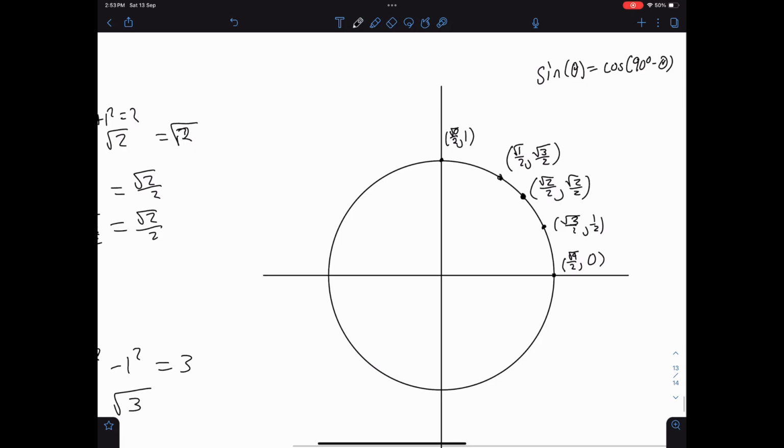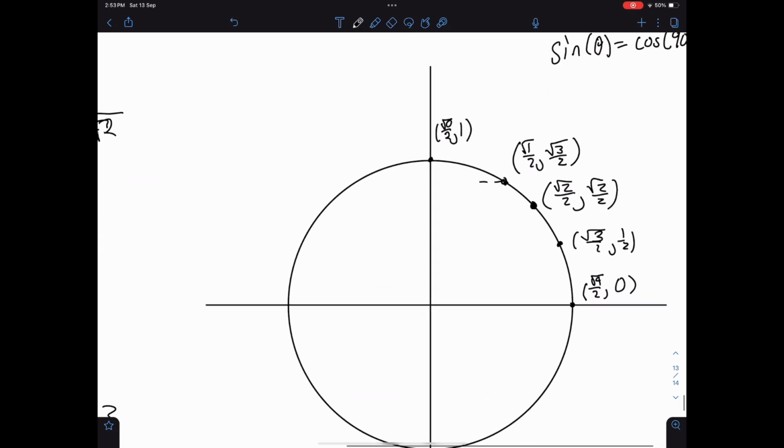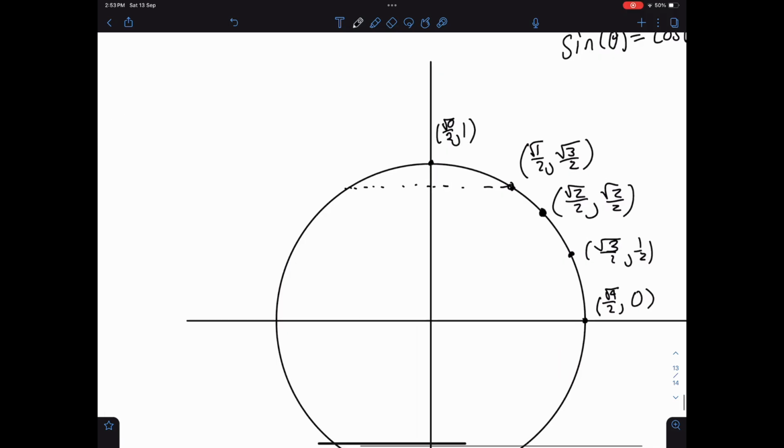Now let's think about expanding this into the whole thing. If we were to dash across here, we'd get coordinates, it would be the same height, so it'd be root 3 over 2 still, but it would be negative 1/2, wouldn't it?